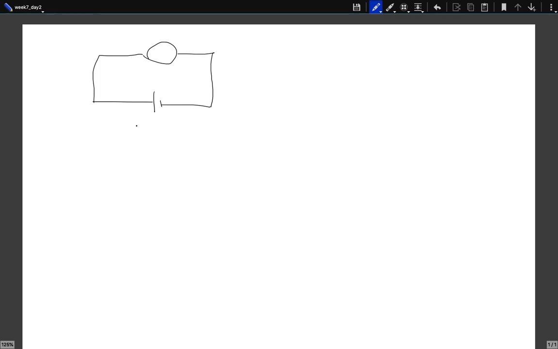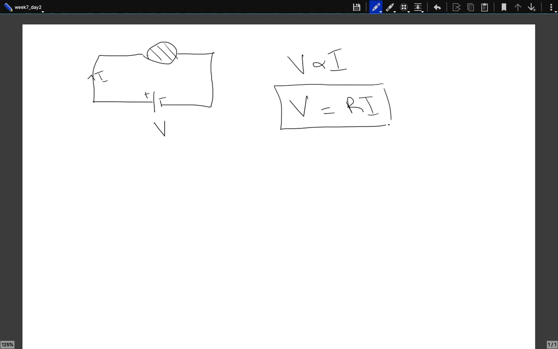The battery essentially provides a constant potential difference, let's say V. Experimentally, it's observed that the current running through the circuit is proportional to the potential. The higher the potential, the larger the current will be. And the proportionality constant, we called it the resistance of the circuit. So this is the resistance of this circuit over here.